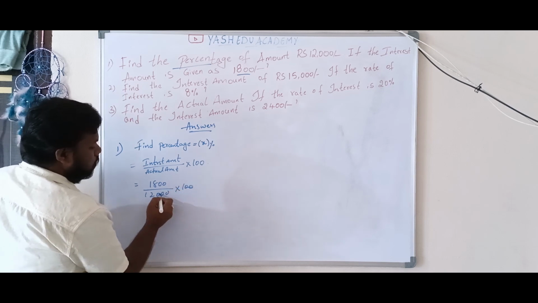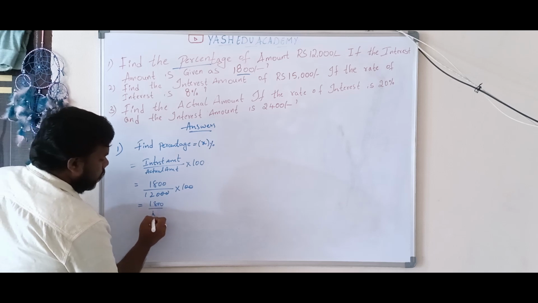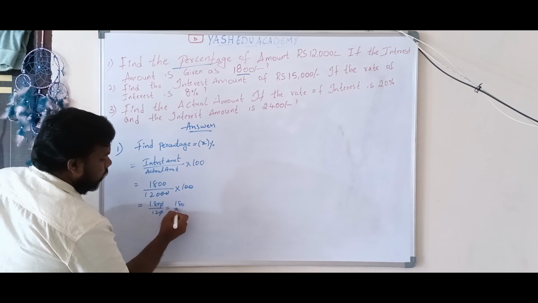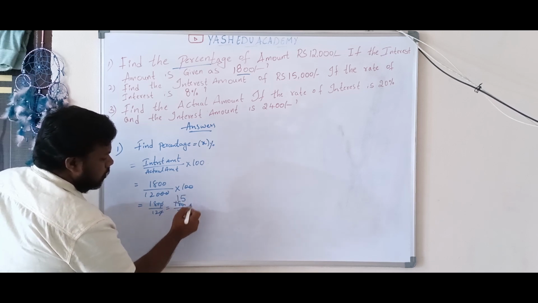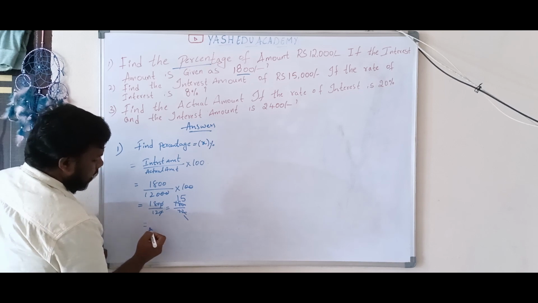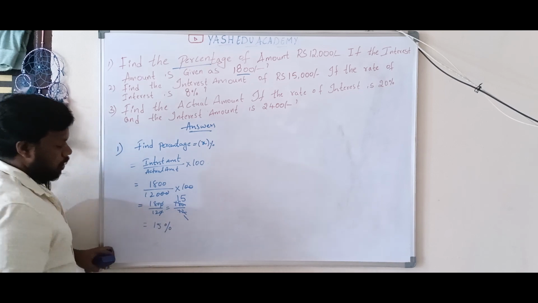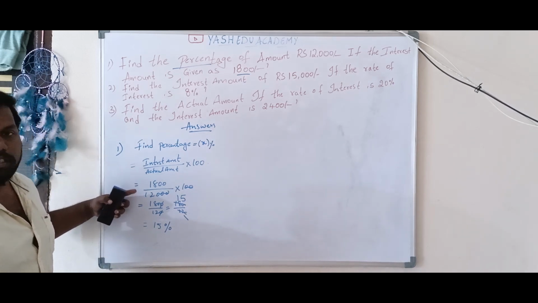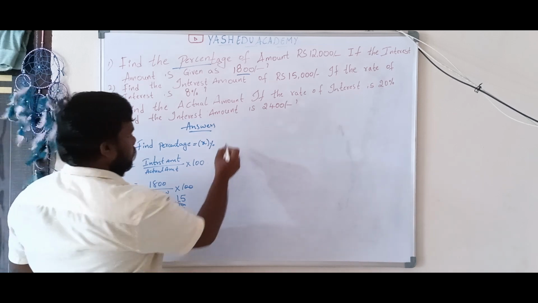So these two and these two zeros get cancelled. Here 1800 by 120. Here also 0 gets cancelled. 180 by 12. 12 ones are 12 and 12 15s are 180. So the final answer is 15%. So the percentage applied for the given amount and the interest amount is 15%.